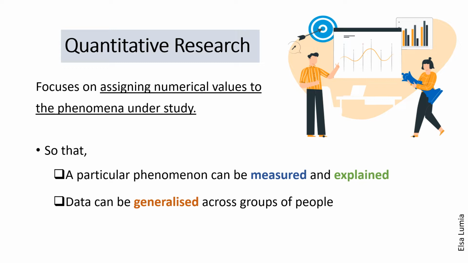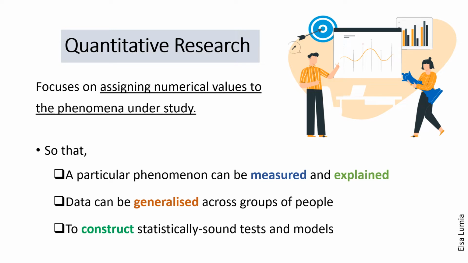Once we have the data in numbers, we can then generalize it across groups of people. Due to the usefulness of statistics in research, and especially in quantitative research, generalization across broader populations is possible. We can also construct statistically sound tests and models using quantitative research data collection as well as data analysis.